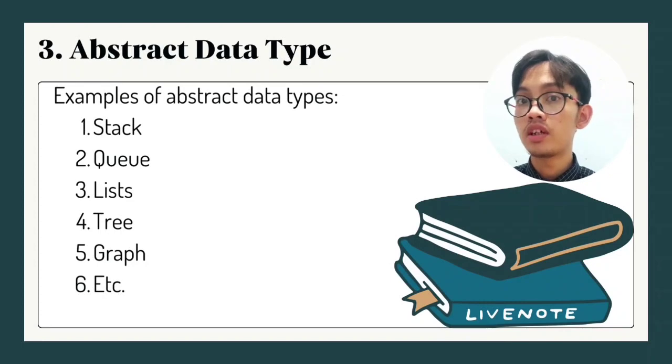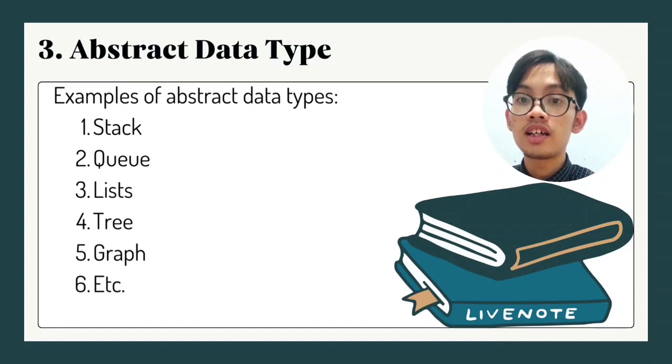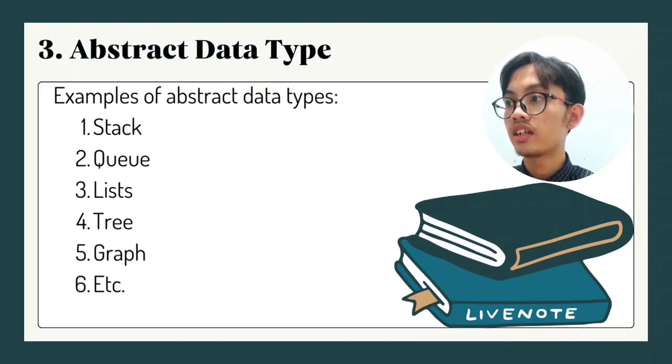And the last material is abstract data type. An example of abstract data types is stack. What is stack? Stack in bahasa is susunan. But the meaning is, stack is a data structure that is formed from ordered rows of data units.